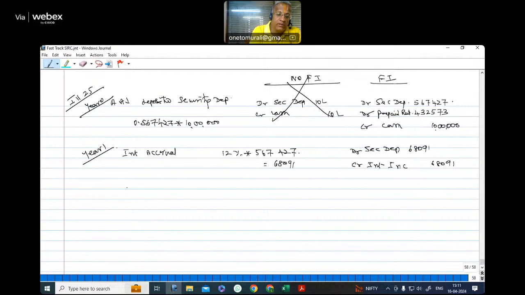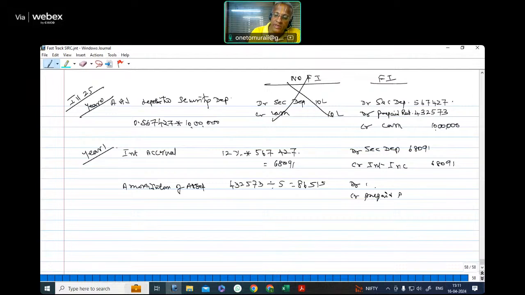Then amortization of the asset. So 432,573 divided by 5 is 86,515.